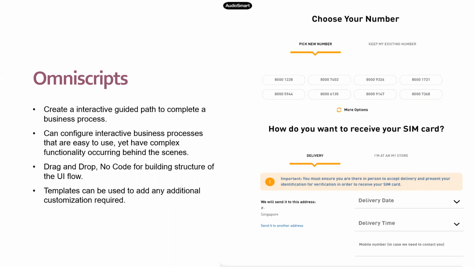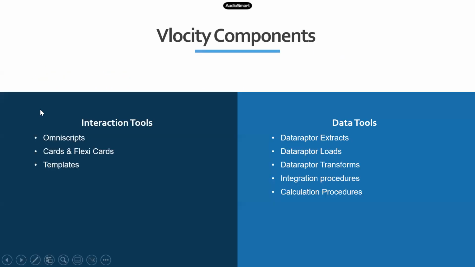See, first of the interaction tools is your Omni. Omni is nothing but, in the sense, guided business flow. Right? So if you want to create a guided business flow, when I say guided, observe Amazon or any e-commerce platform, how they are going to work.